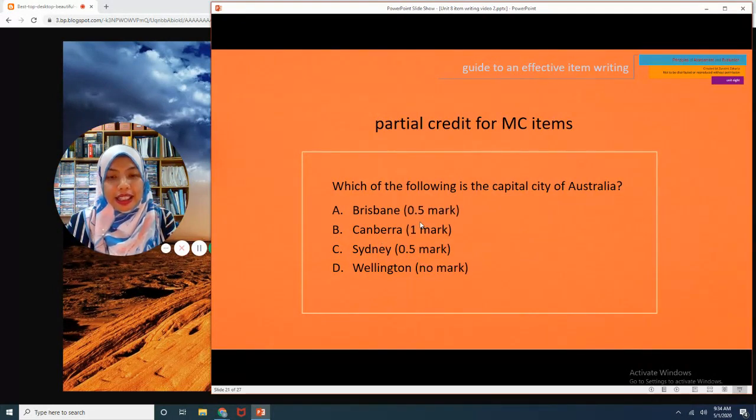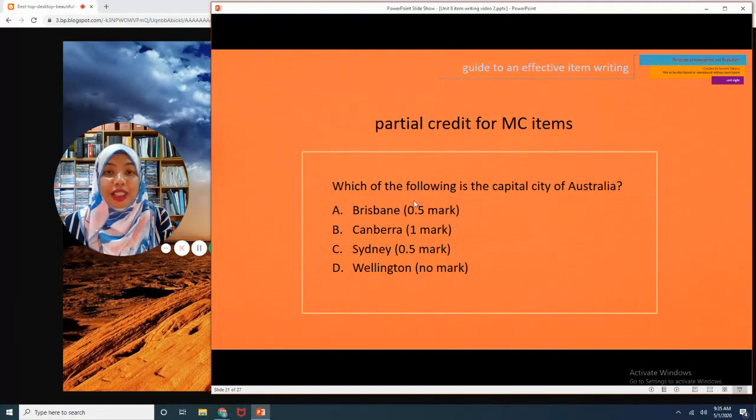Okay, so in light of this particular question, the correct answer is B. So that's the most accurate answer. Canberra is the capital city of Australia, so full mark is 1 mark. However, you want to give some credit to those students who may answer other cities in Australia, even though they are not the capital city. So those students who answered Brisbane and Sydney, you still want to give some scores because they are still able to identify cities in Australia.